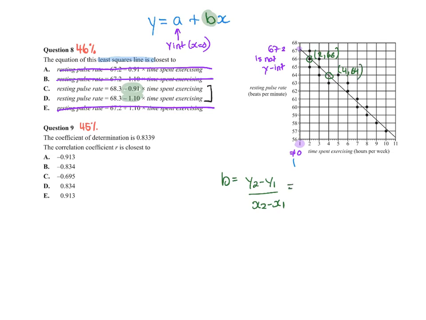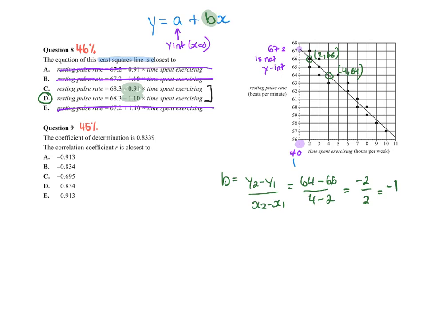So if I pop them in, 64 minus 66 over 4 minus 2, I end up with approximately -1. So I'm going to go with D as the answer, which it is, all right? So just pick 2 points that it goes through.